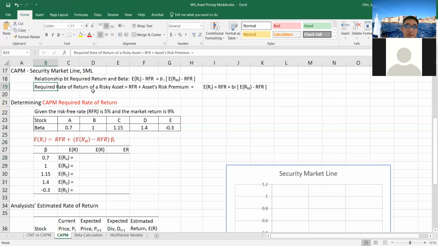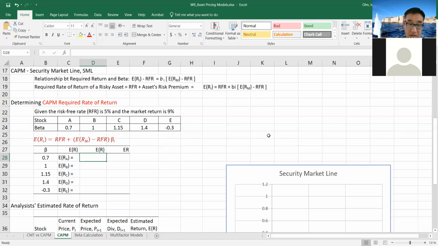You'll see that later. So let's use this CAPM model to calculate each stock's required rate of return. I'm going to use this CAPM model exactly.